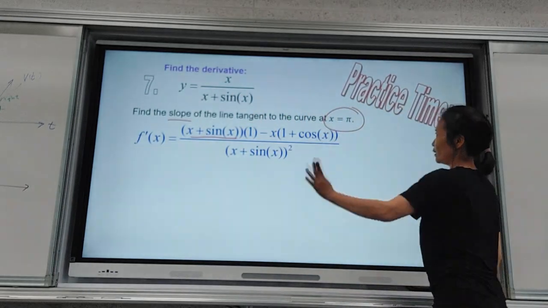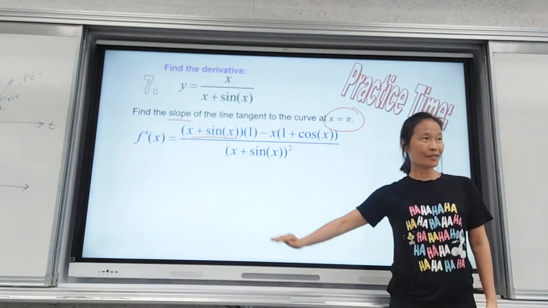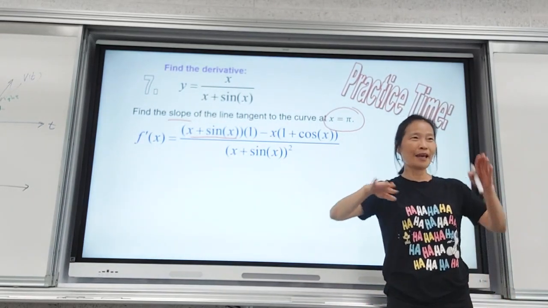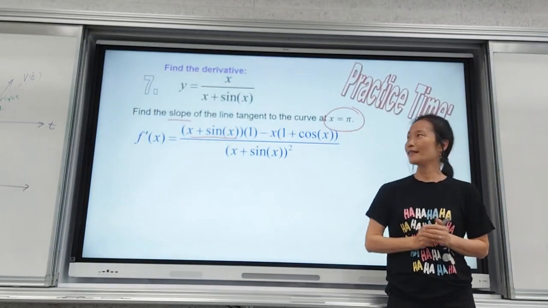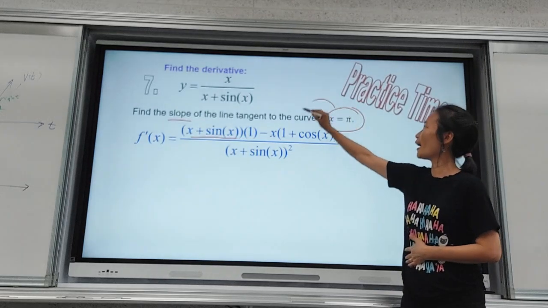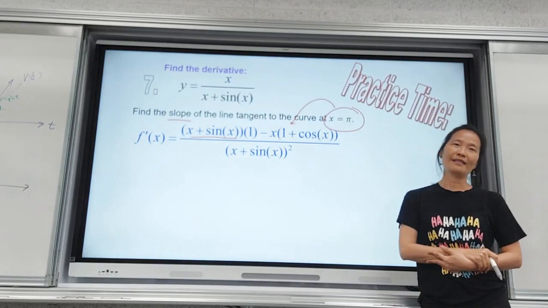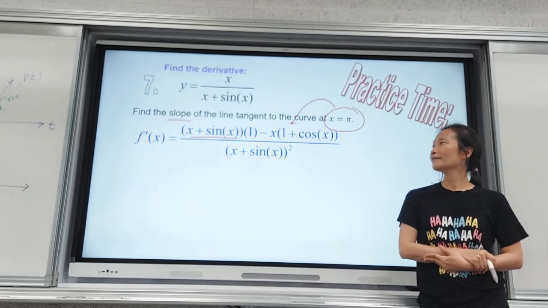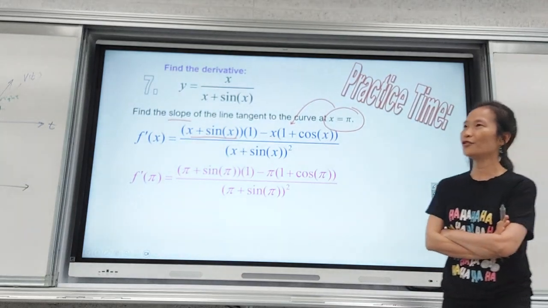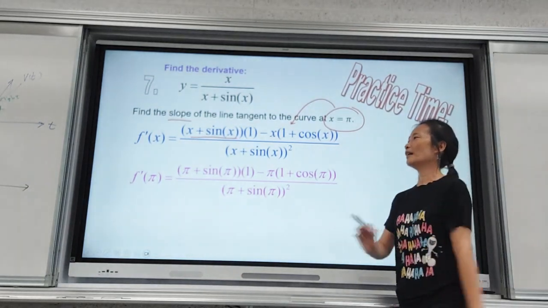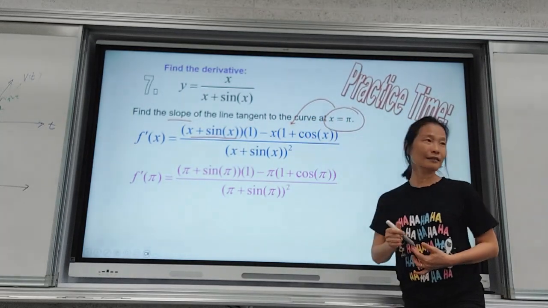Can I ask you please do not try to simplify or expand, and do not do any of that. What you should do is substitute x equals pi right there. That will make things a lot easier. We want to find the slope of the tangent, so it's the value of the slope. That's why we can sub in pi for every single x, and then you can evaluate.